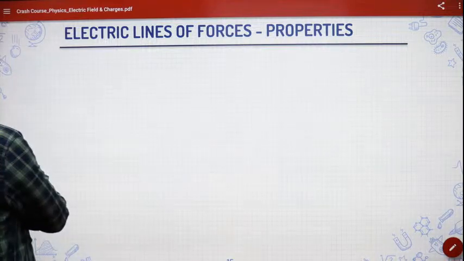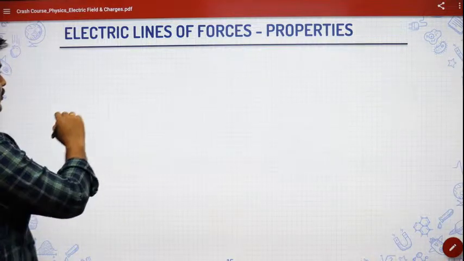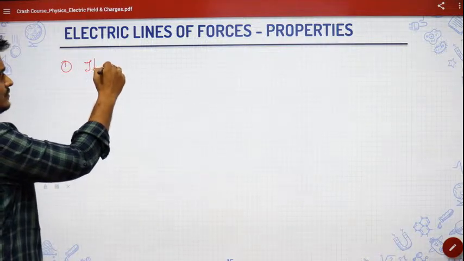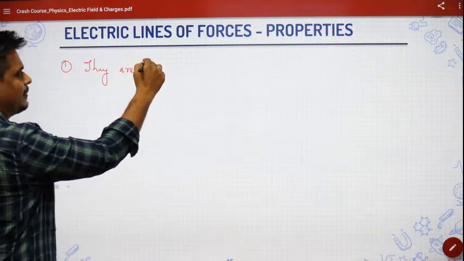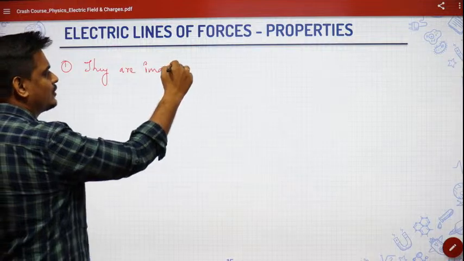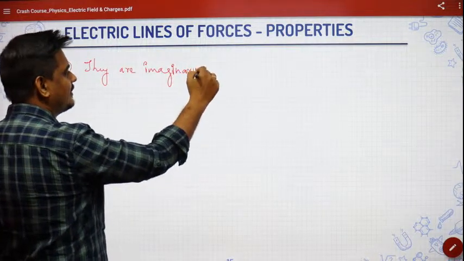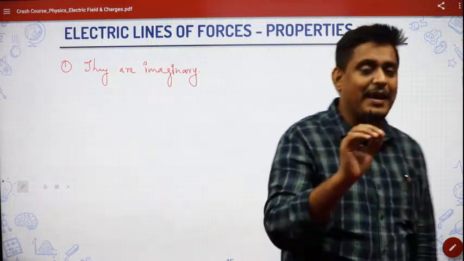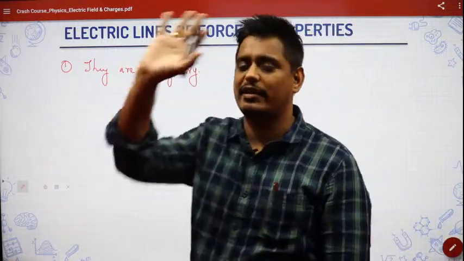So some very basic things, what are the electric lines of forces properties. The first one is, as you know very well, they are imaginary. So electric lines of forces are the imaginary lines of forces. They don't exist really. They are just the imagination, which gives us an idea about electric lines of forces.